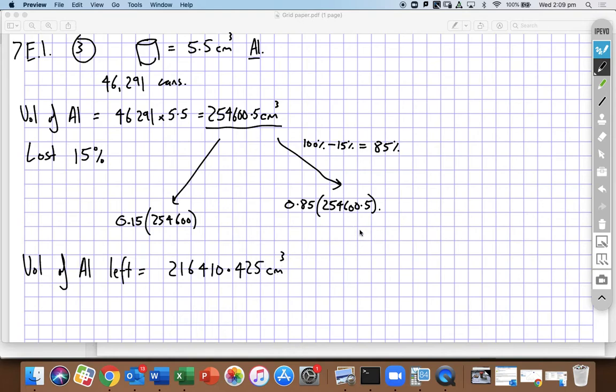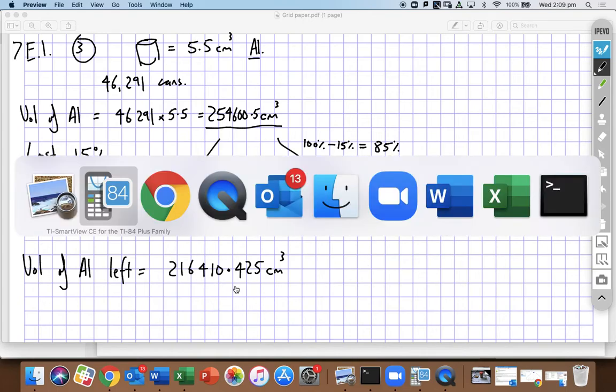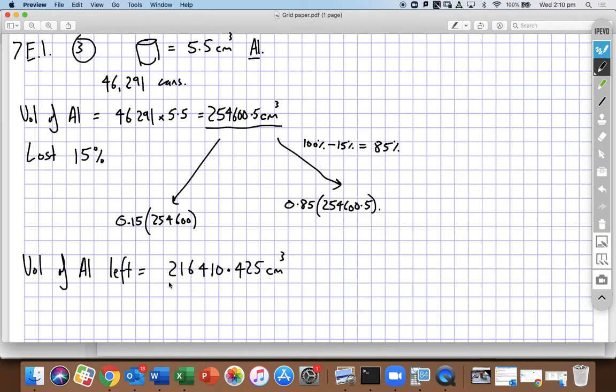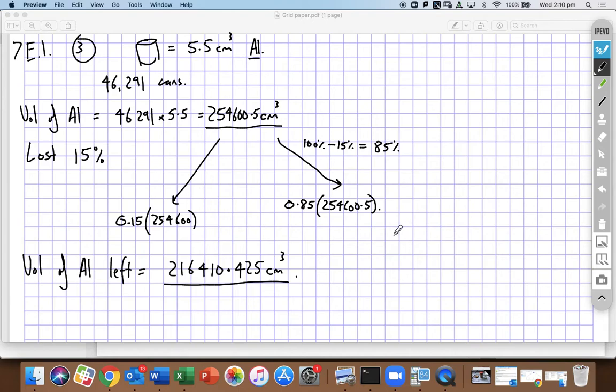I'm just going to go back and double check that number's right. 216,410.425. Good. All right. Okay, hopefully that was pretty clear. If I'd done 85%, I would have got to this number straight away, and I wouldn't have had to subtract away the 15% from the original amount.